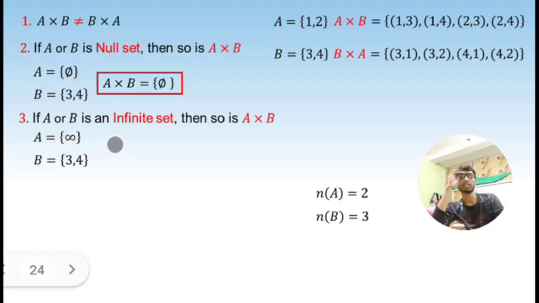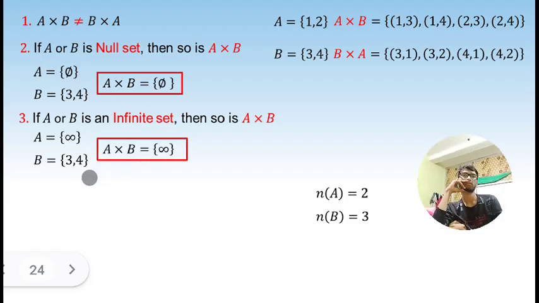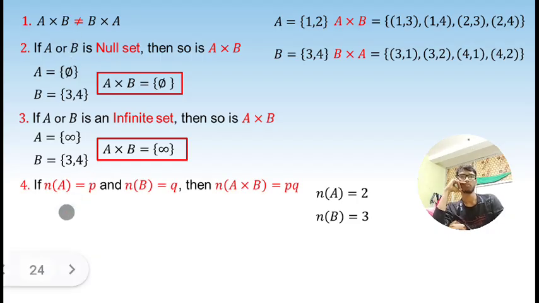If A or B is an infinite set, then A × B would be what? Infinite. Yes, infinite. If the number of A elements is p and the number of B elements is q, then in this case we will multiply this by this.